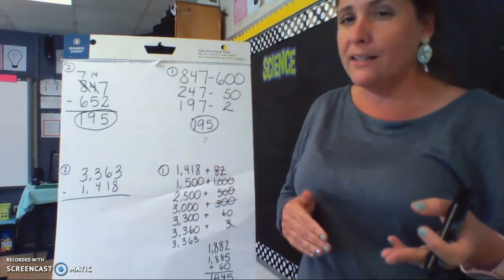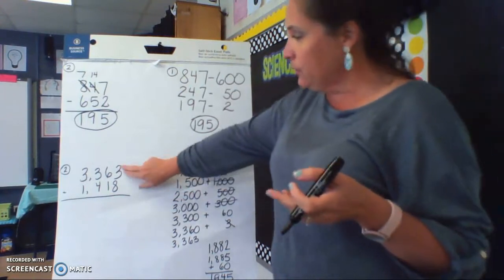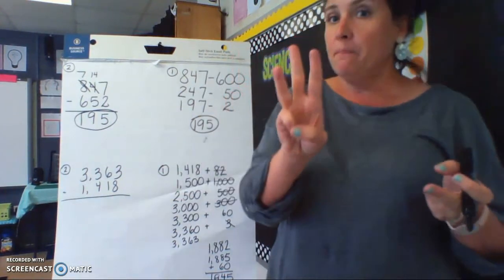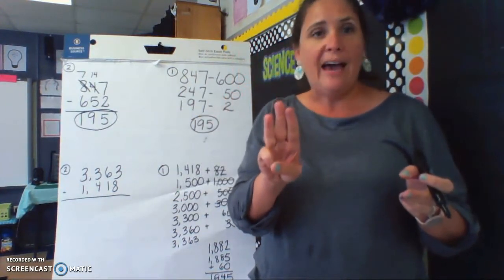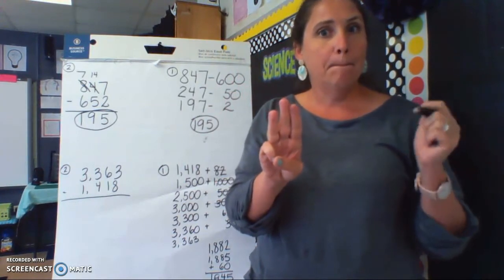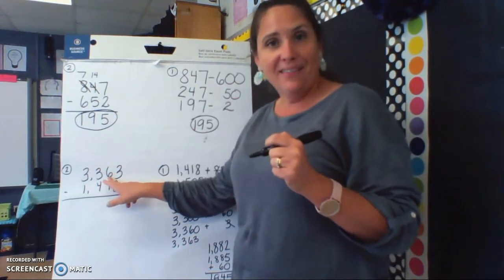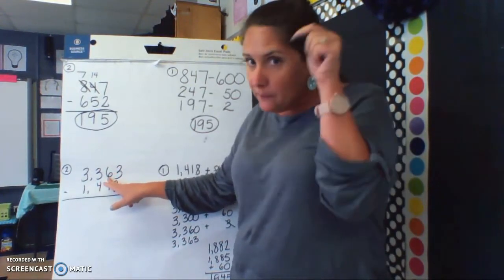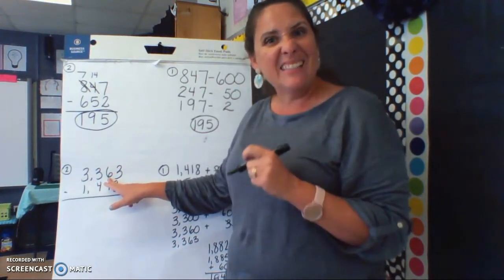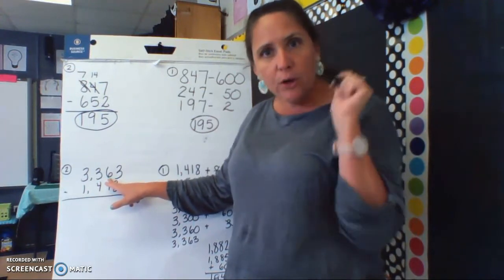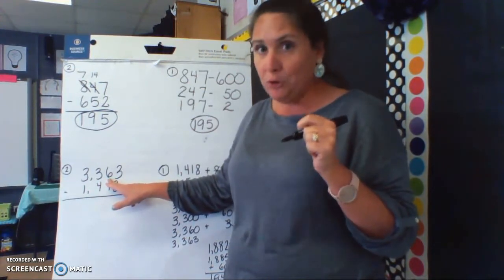If you said the ones, nice job. So we have 3 minus 8. The bigger number's on the bottom, so you have to borrow. You're going to borrow it from your neighbor, the tens place. And you look at the number on top. So he has a 6. Does he have enough to give me one group of his tens? Sure does.